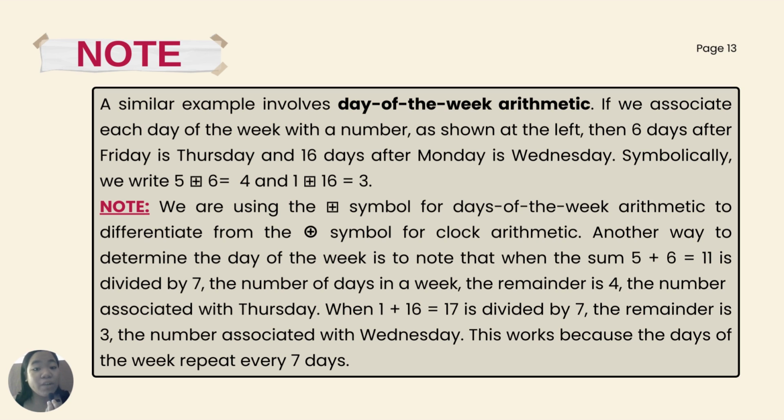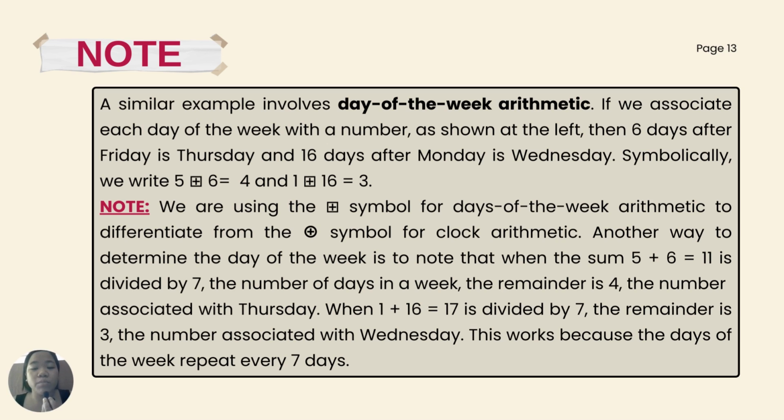Another way to determine the day of the week is to note this technique: instead of counting, the sum of 5 and 6 is 11, and then divide it by 7, the number of days in a week. The remainder is 4, class. This is an easy technique to get the day we are looking for.